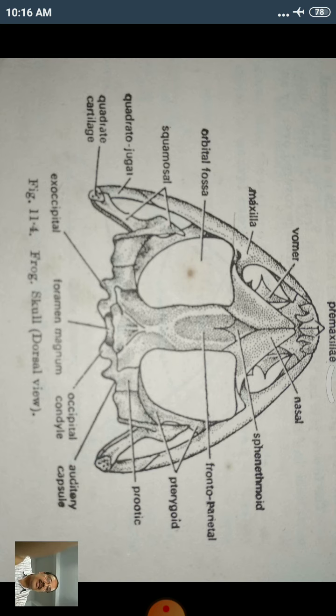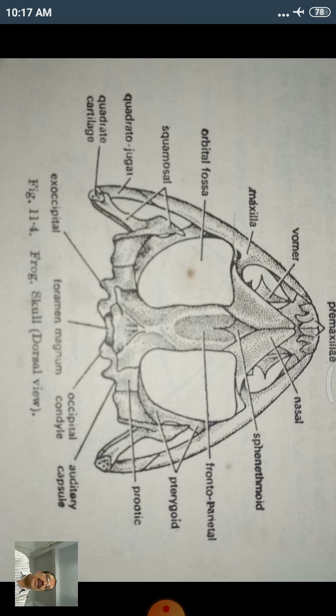So the dorsal view of skull of frog consists of premaxilla, maxilla, squamosal, quadratojugal, occipital condyle, pterygoid, frontoparietal, sphenethmoid, nasal bones.